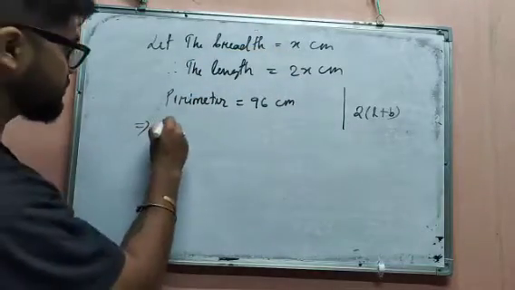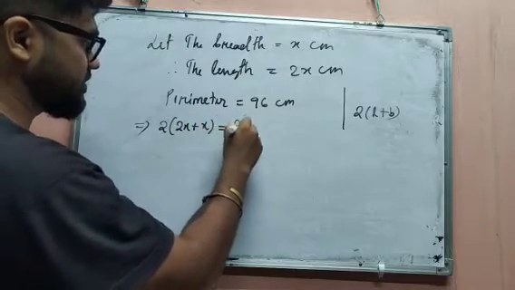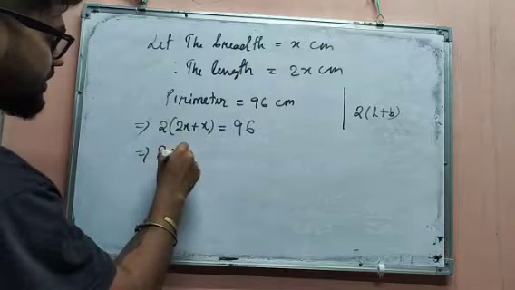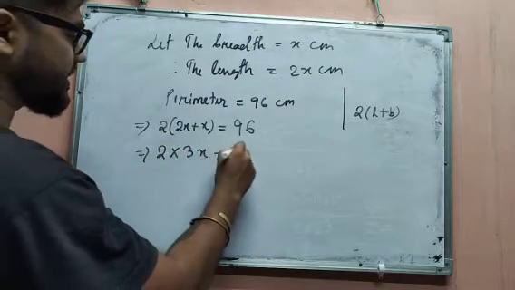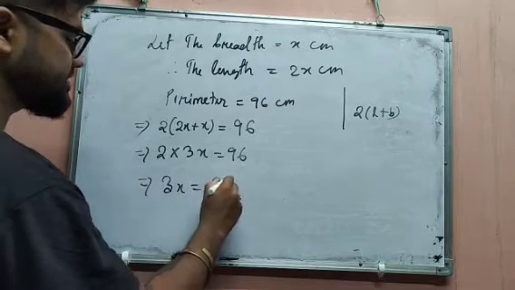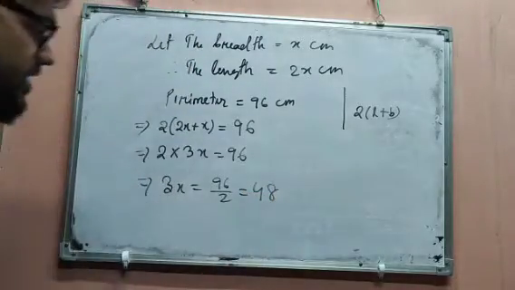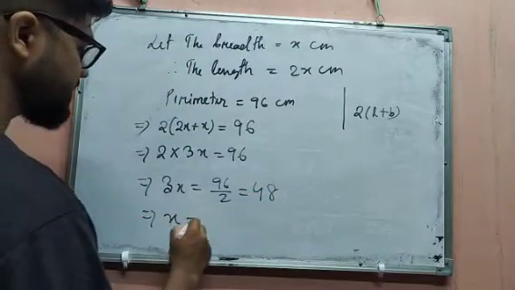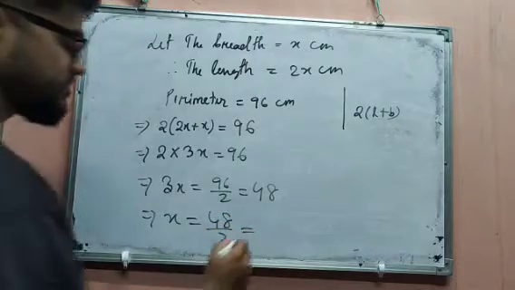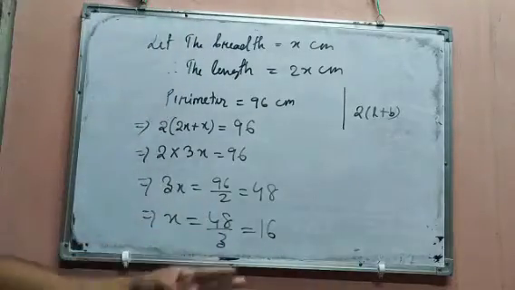So we can take 2 into (2x plus x) equal to 96, or 2 into 3x equal to 96, or 3x equal to 96 by 2, that means 48. And x equals 48 by 3, which is 16. So we have got the x value as 16.